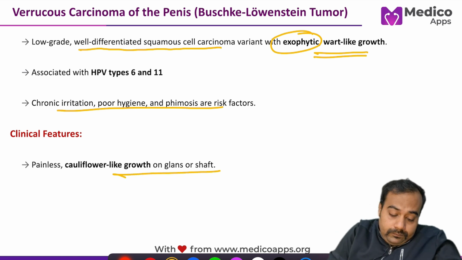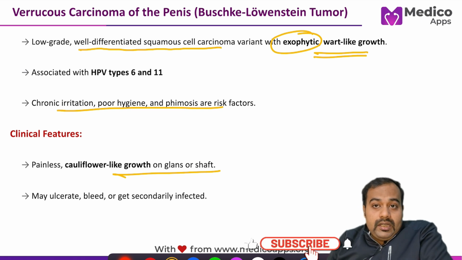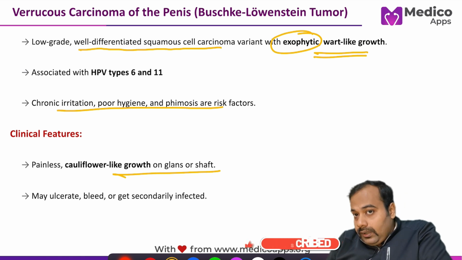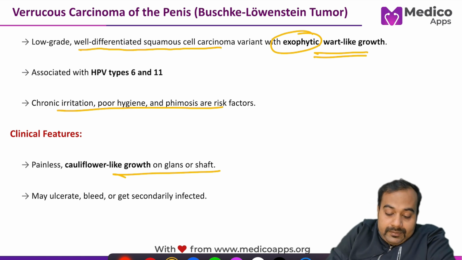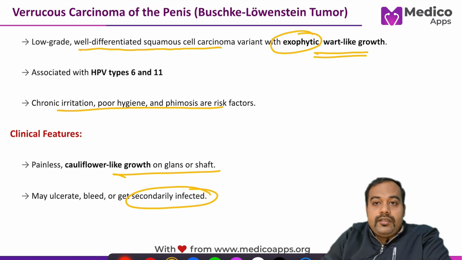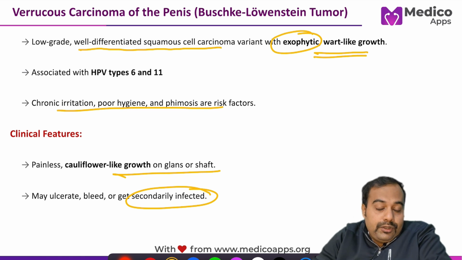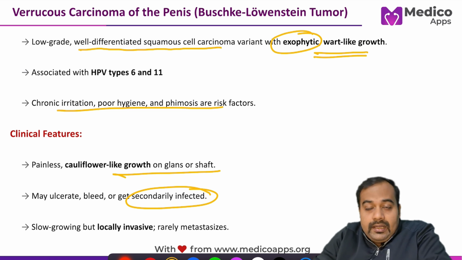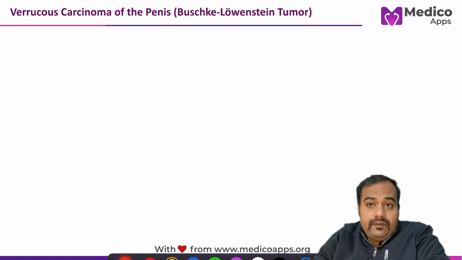Sometimes with deeper invasion, it might present with ulceration or an ulcerative growth, or bleed on touch, and sometimes it is secondarily infected, presenting with a history of fever, which is the scenario given in this question. These cancers are very slow growing. They do not metastasize distantly, but they are locally invasive in nature.